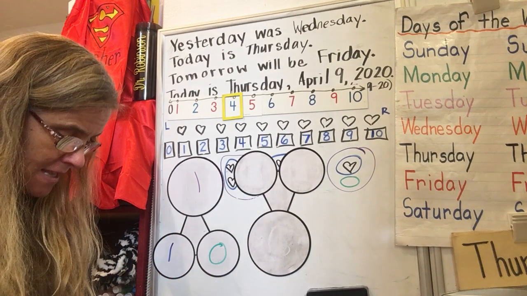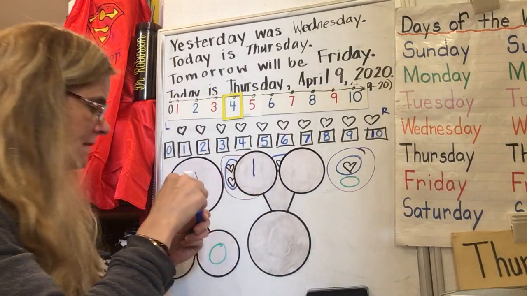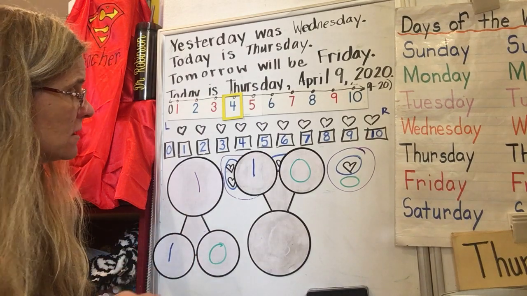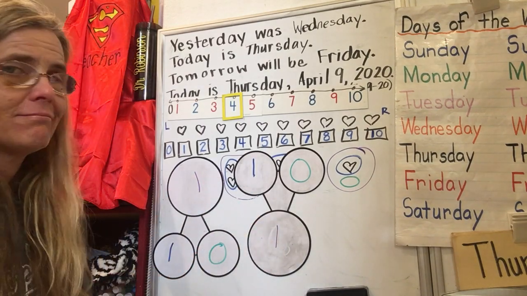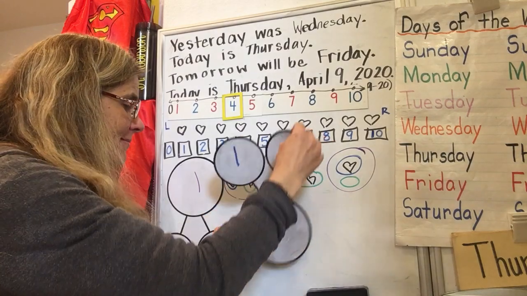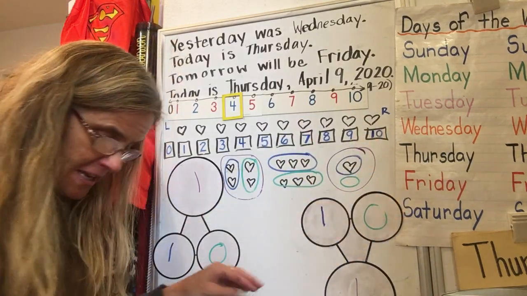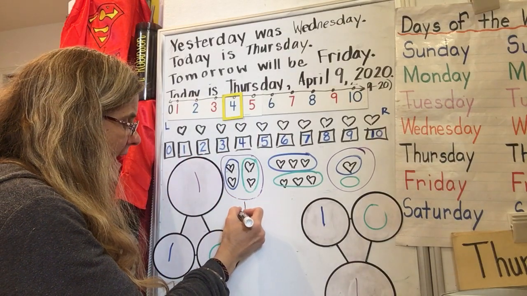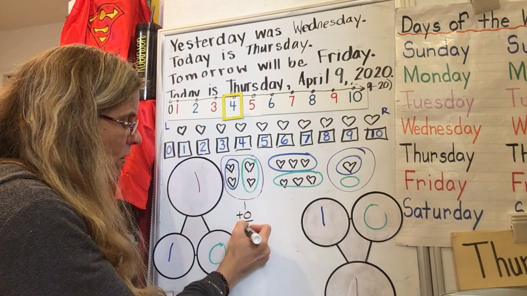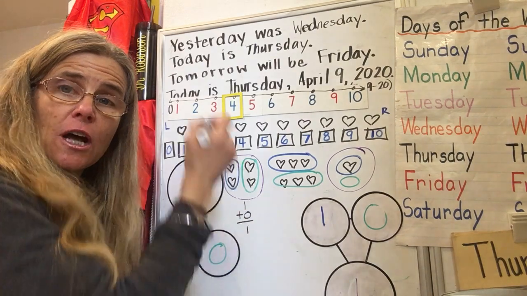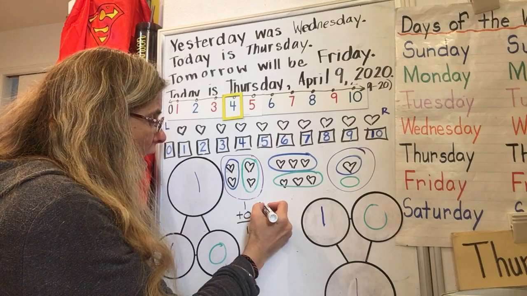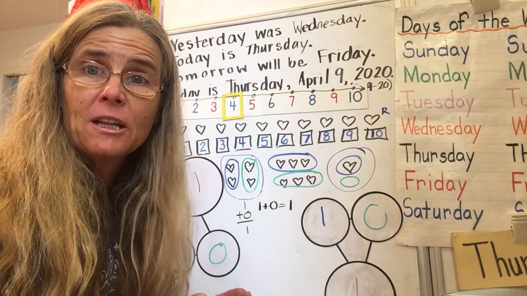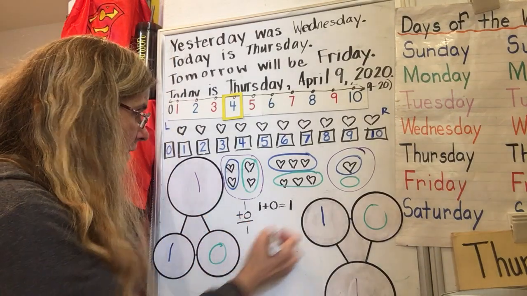I can make it by saying 1 and no more equals 1. I can further put that into an equation by saying 1 plus 0 equals 1. That's vertical, up and down. Or I can say 1 plus 0 equals 1. Any number plus 0 equals that number.